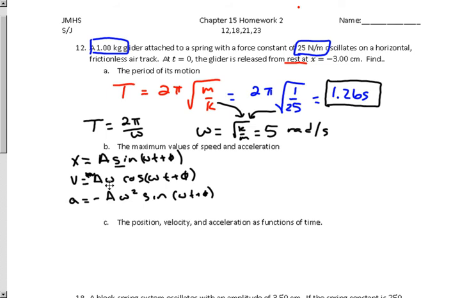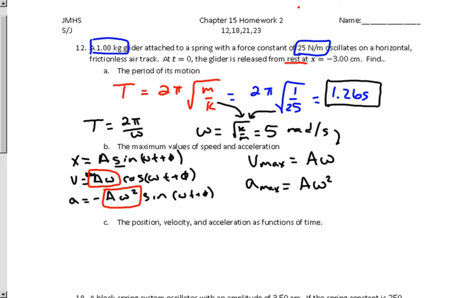The point of all that was that we find that the coefficients in front of our functions are these values right here. This is a general thing that we can look at. Our v maximum occurs at the value A omega, and our a maximum occurs at the value A omega squared.